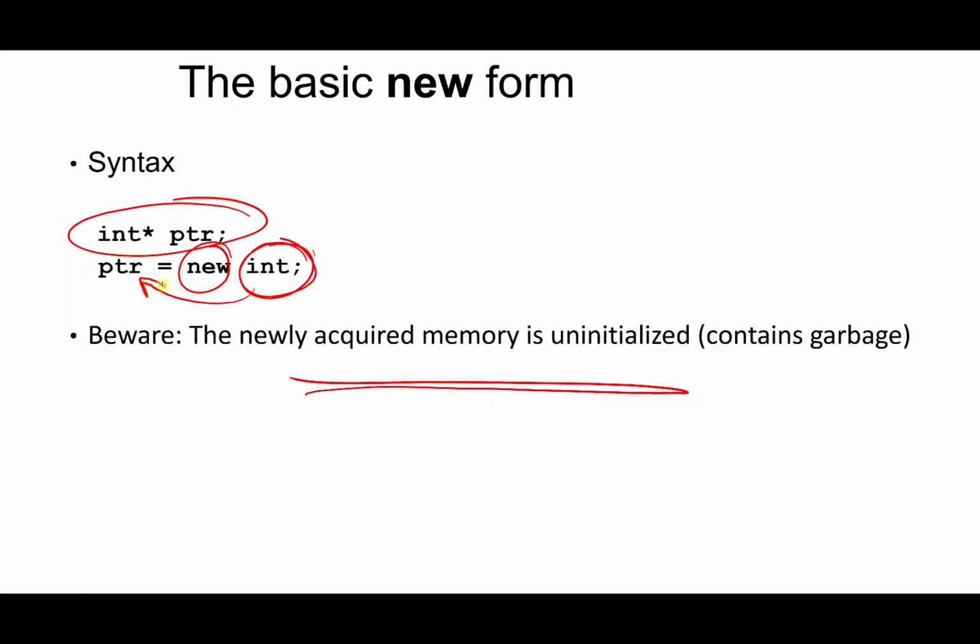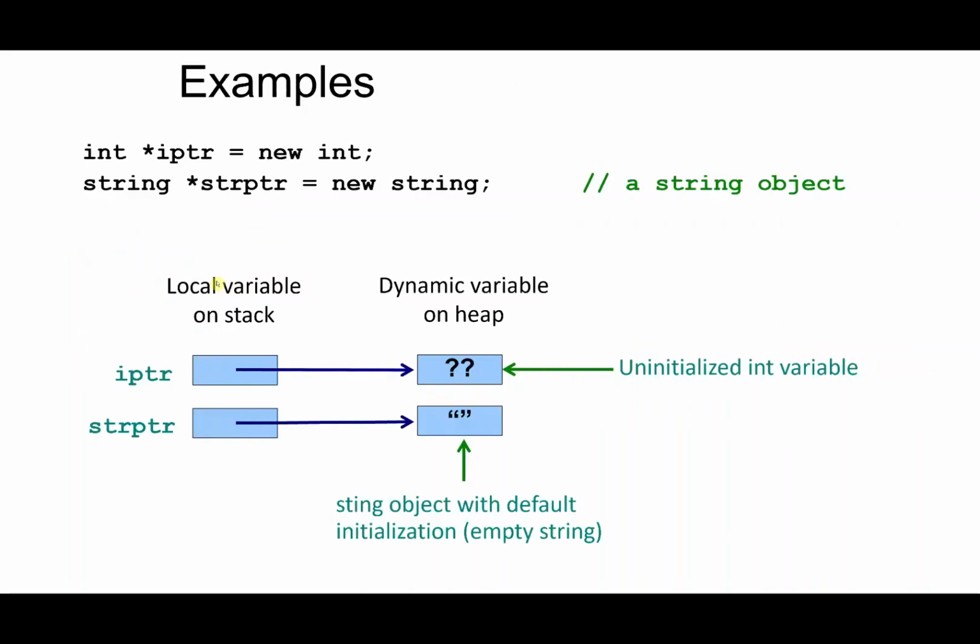The newly acquired memory is uninitialized, contains garbage, right? Because you don't initialize it. Like this, if you ask for an int size location in the memory, it's going to have something, but you don't know what it is, right? Something unknown, uninitialized. So ipdr on the stack is pointing at something in the heap, and you don't know what that is.